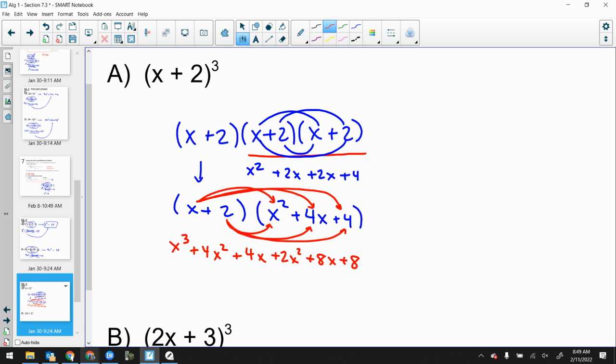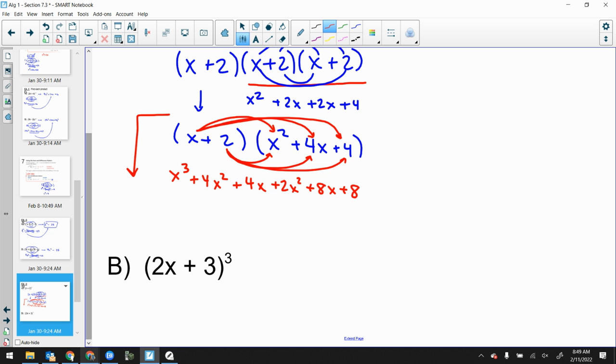It's just what we did yesterday. Just more. This piece is exactly the same as we did yesterday. We just FOILed once before. Not too bad. And then we just combine like terms. x to the third, 6x squared, 12x, and then an 8.